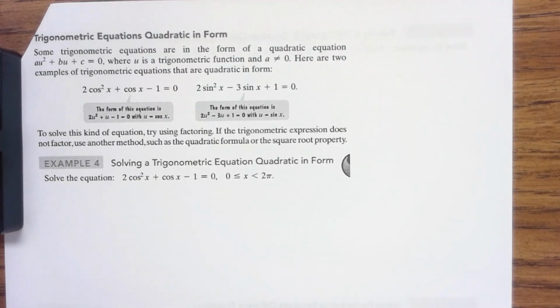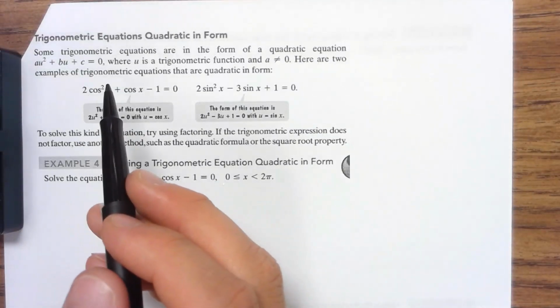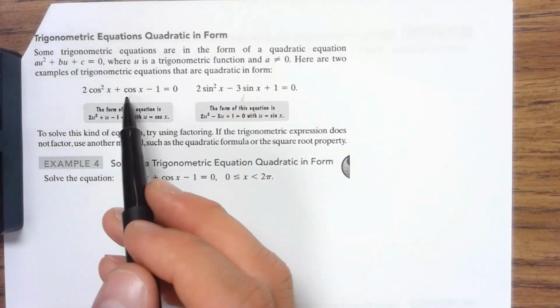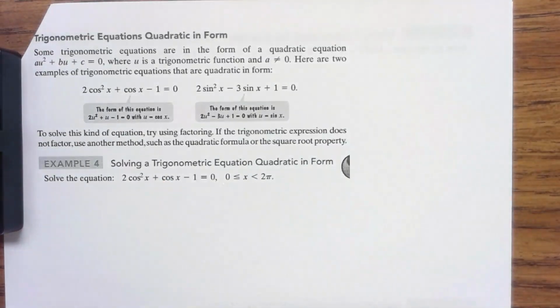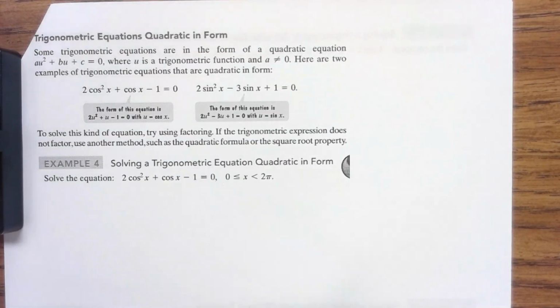It allows you to basically take a complicated equation and simplify it by replacing the complicated part with just another variable. An example of these trig equations in quadratic form has a cosine squared and then just a cosine. So we should be able to recognize that quadratic kind of expression. If we see something squared, it's going to involve factoring.